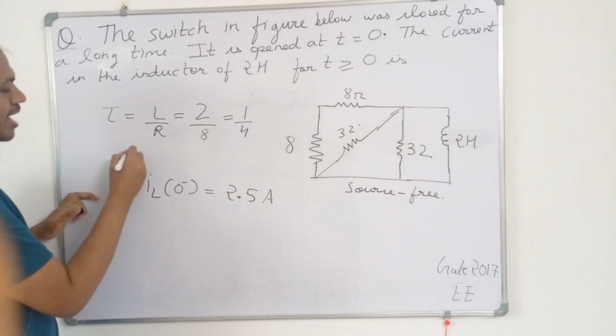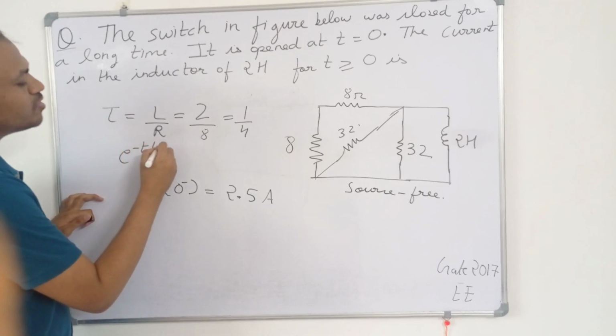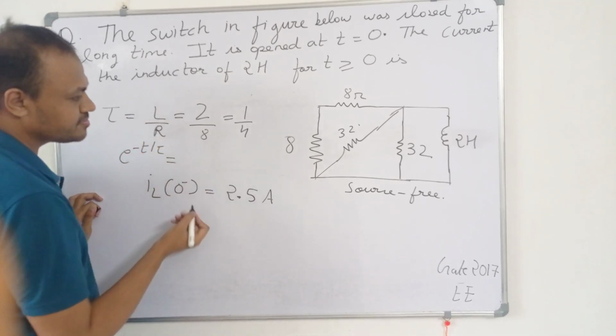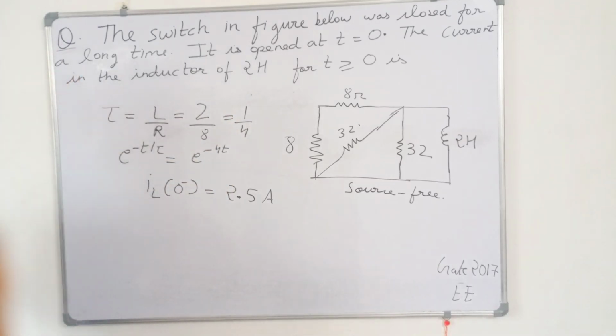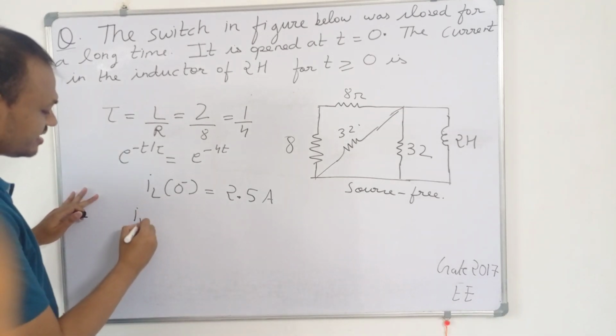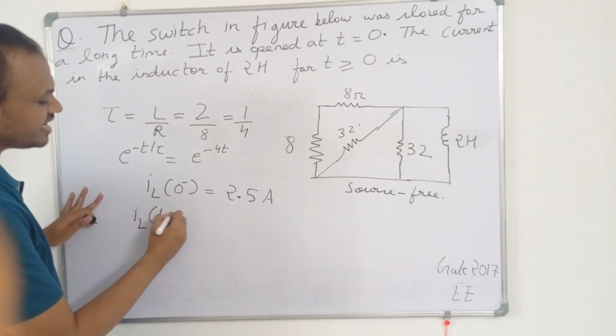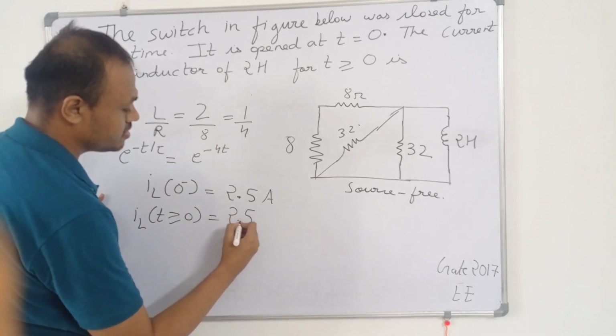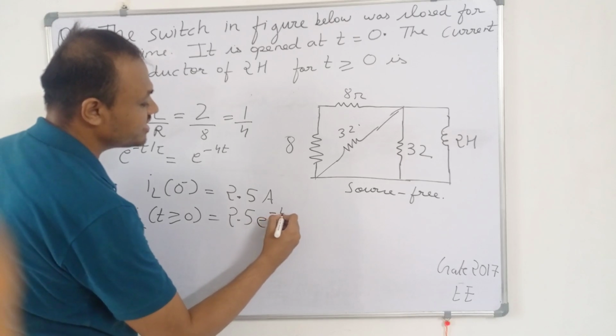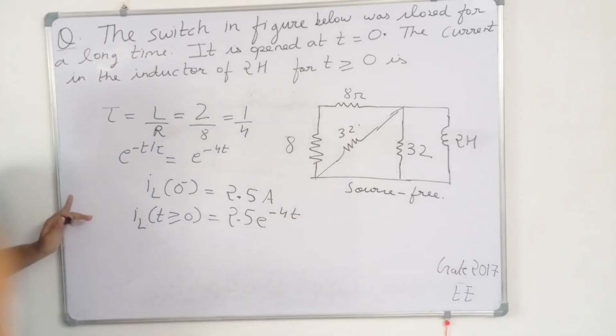So e to the power minus t by tau equals e to the power minus 4t. So the inductor current IL for t greater than 0 becomes 2.5 e to the power minus 4t.